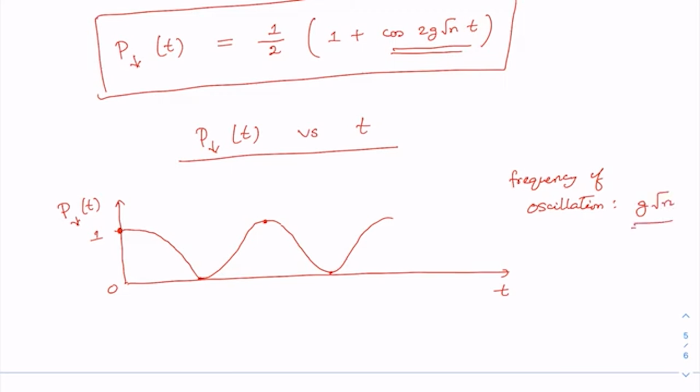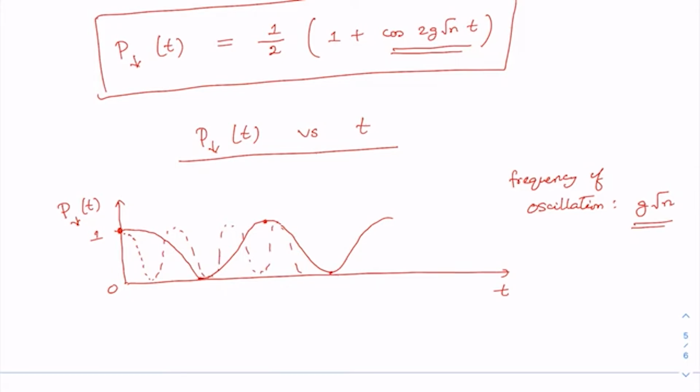Okay, now clearly as this n, the number of photons in the field mode, is getting larger, the oscillation will go faster. So if n is very large, the oscillation will become rapid or very fast.